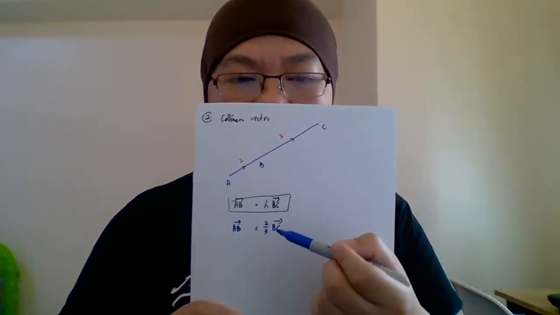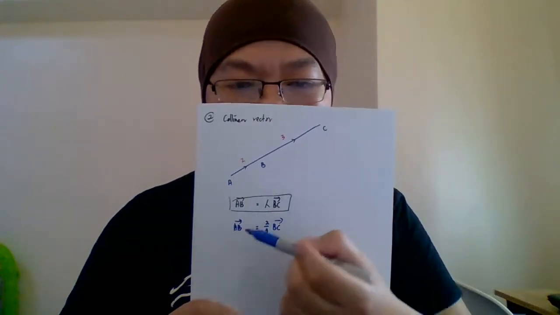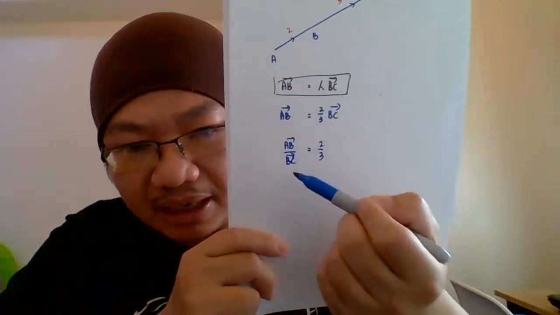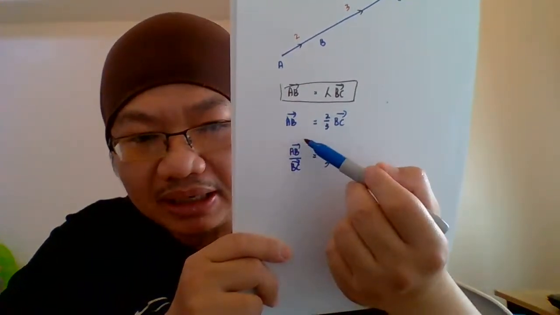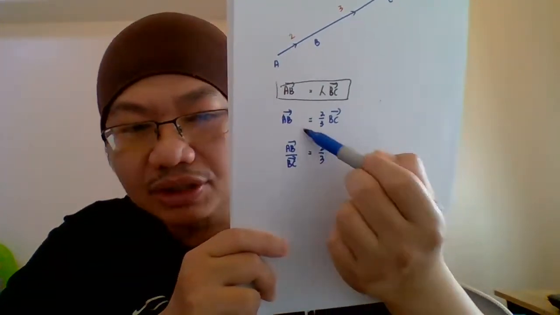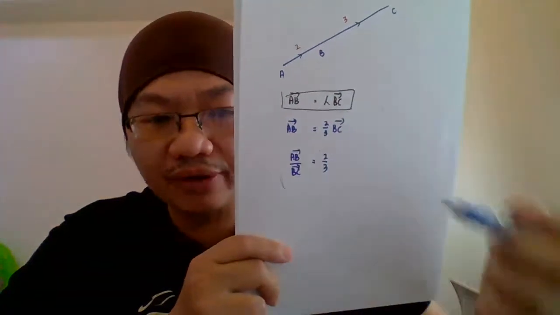So you see here BC, if I move it to the left side, what will happen? It will become divide. So BC moves to the left and becomes over. So vector AB over vector BC equals 2 over 3. From the definition, a ratio is a fraction, so we can make a conclusion here.